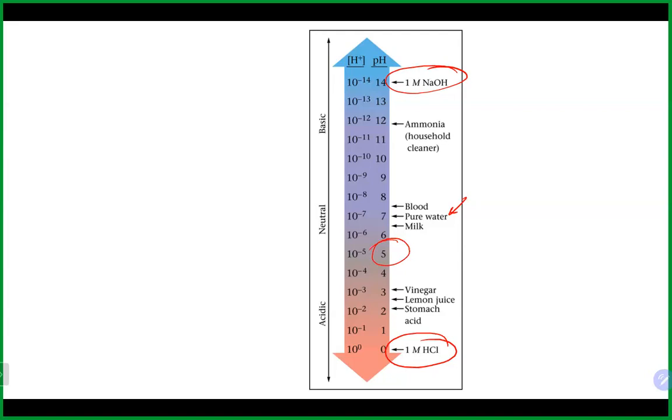As it picks up some carbon dioxide from the air, it creates carbonic acid, increases the H+ concentration in the water, and lowers the pH. So sometimes people are surprised. They stick it in and go, whoa, my water is not a pH of 7. But a lot of times it's really acidic. A lot of our acids here obviously are in the acidic range, and our bases are in the basic range.